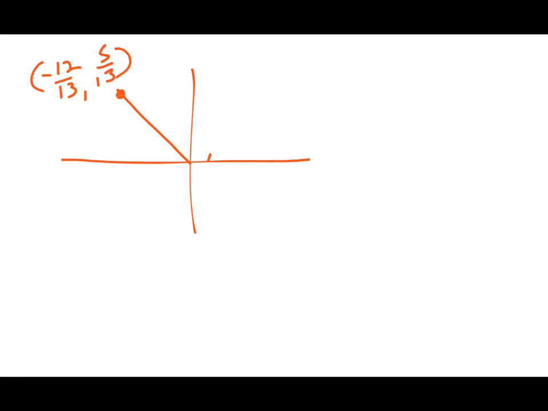Okay, now this is your angle x, but we can use this as our x and make that the right triangle we're going to use. So that would mean that this lower side is negative 12/13 and this is 5/13.